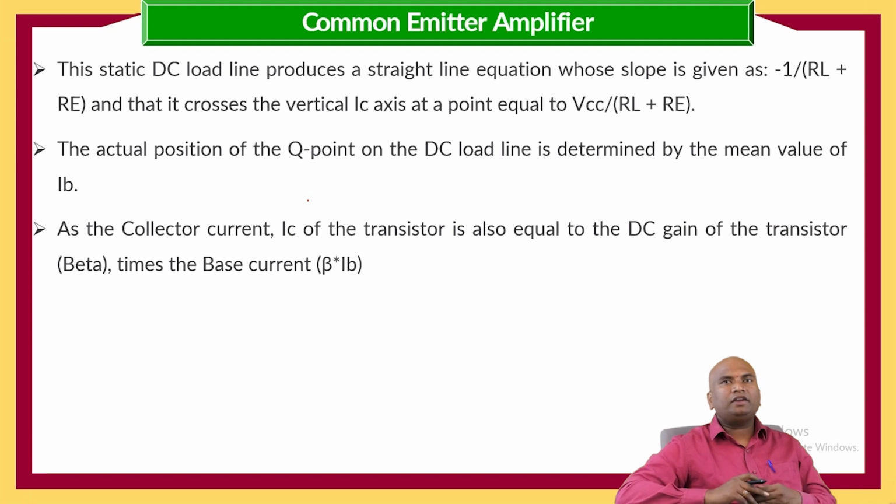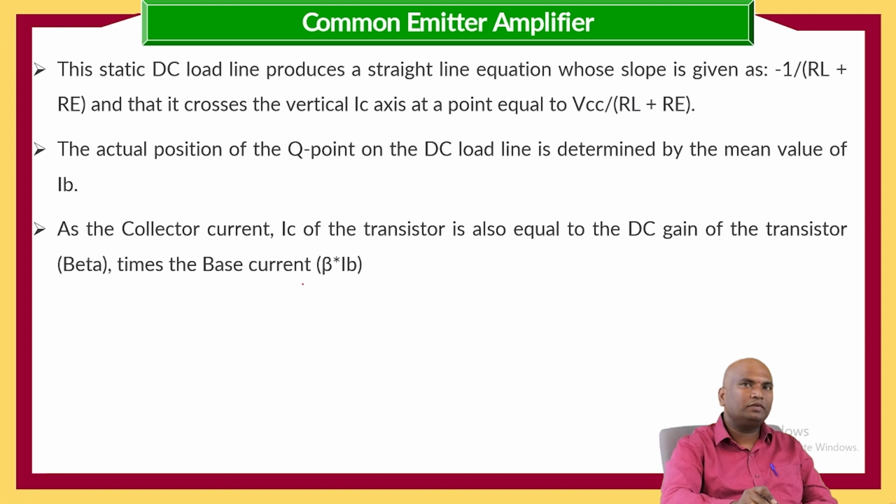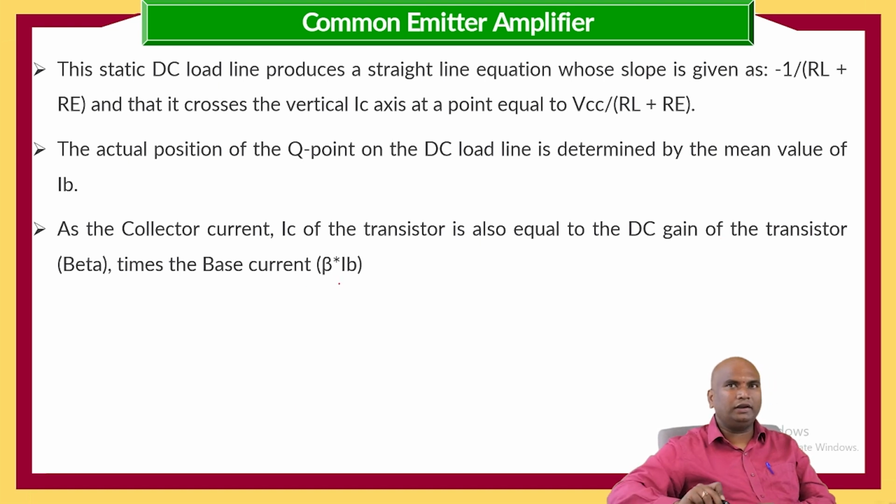Here the actual position of the Q point is determined by using the mean value of base current, as the collector current is also equal to the DC gain of the transistor, beta, times the base current.